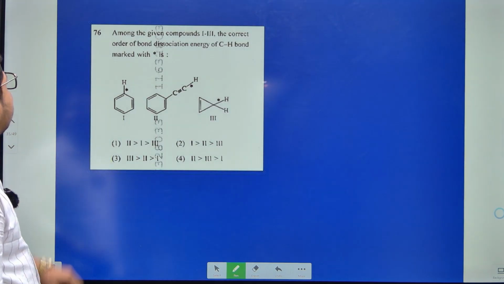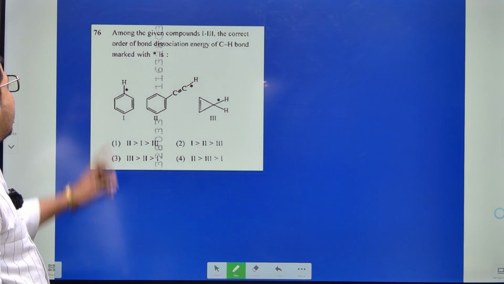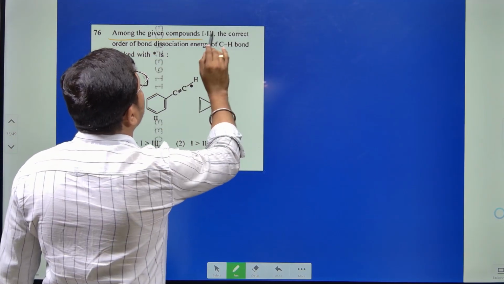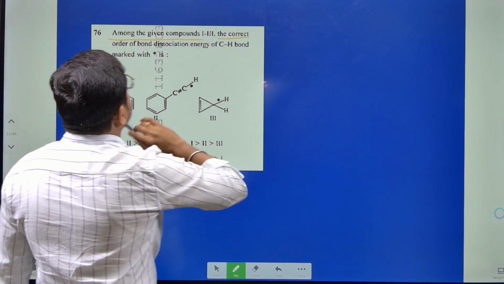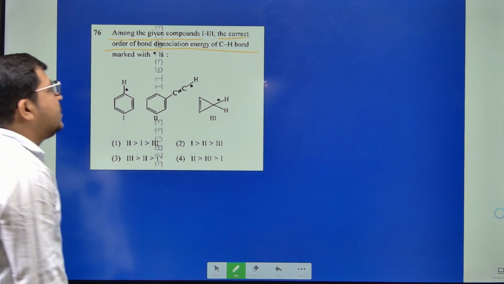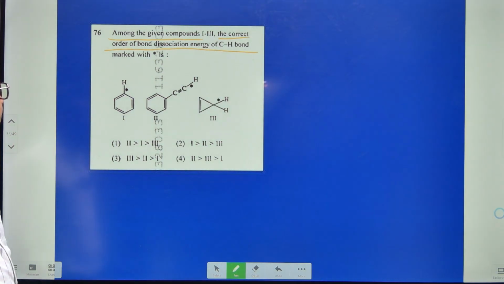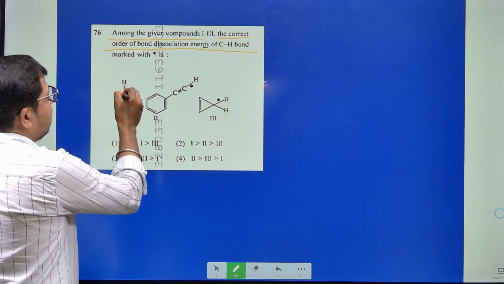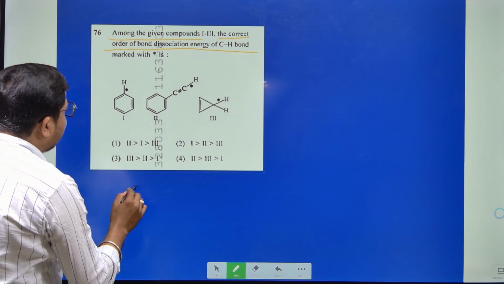Let's move to question number 76. Look here, among the given compounds 1, 2, 3, what is the correct order of bond dissociation energy of the CH bond marked with an asterisk?